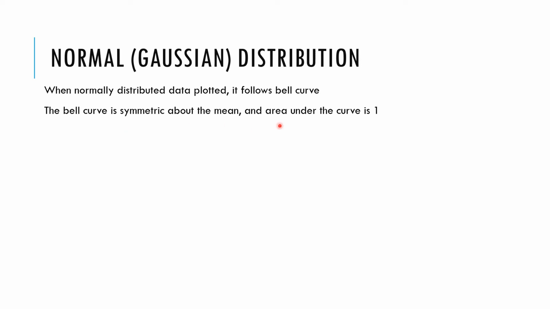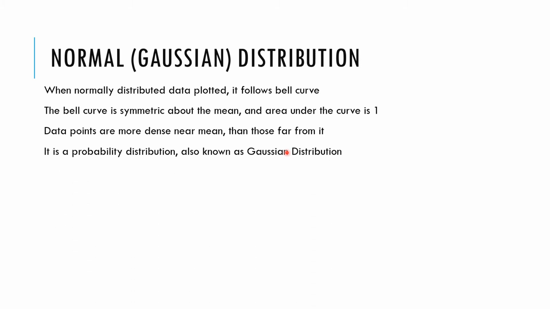And the area under the curve is 1. So data points are more dense near the mean, which is the middle part of the curve, and those which are far from the mean are not so dense. And it is a probability distribution, also known as Gaussian distribution.